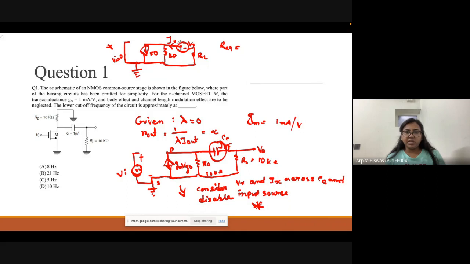And only here, instead of this coupling capacitor, you have to replace it by Vx, and the current coming out is Ix, so only this portion is remaining now. So in that case, what is the value of the R equivalent? When we are taking this circuit, in that case, are this RD and RL in parallel or series?